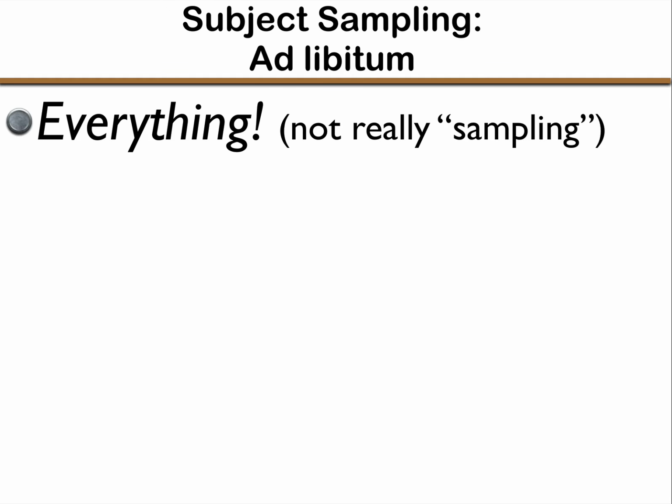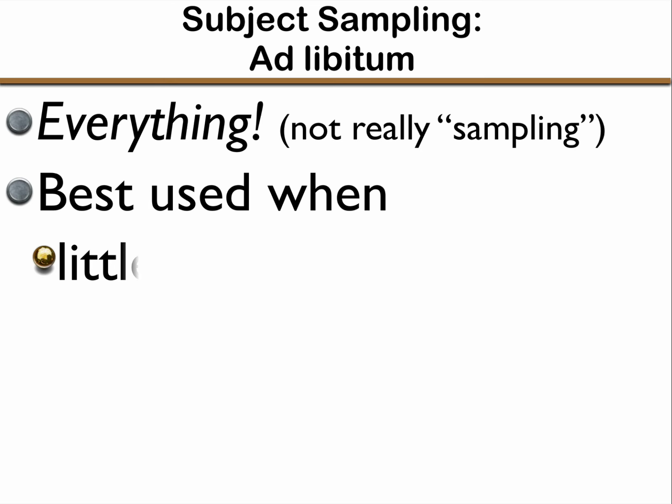Ad libitum sampling. Okay, it's not really sampling. You record everything. You're basically recording everything that you possibly can. Now, you're going to miss stuff. That's just taken as a given. But you try to record as much as possible. Well, why would you want to do that?